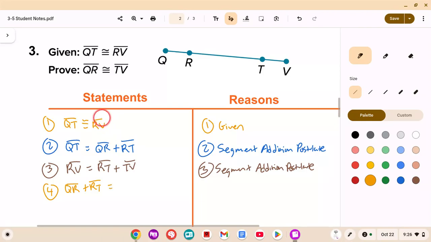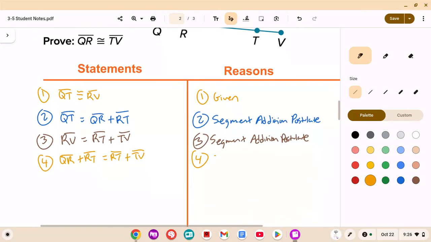And then likewise, RV, you could replace that with RT plus TV. And so what we're doing there is substitution property. I got some funky spelling there. That's okay. Maybe I'll fix it.